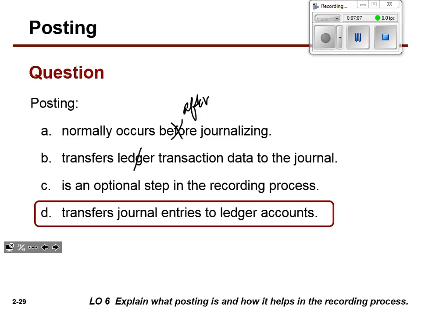No. It transfers journal transactions to the ledger. Is an optional step? No. It's a required step. It sucks out of the big journal each individual account's story. You need the ledgers to do the last phase of the chapter, which we'll talk about next week.